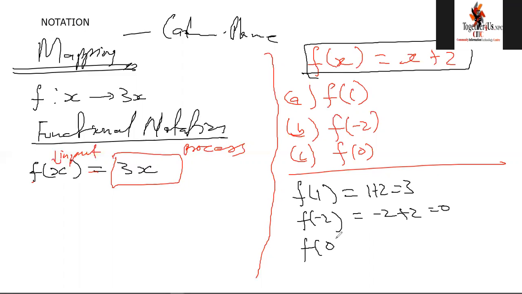And for f of 0, I'm going to have 0 plus 2, and that's a 2. And that's how easy it is to deal with this. Then you can also represent this on the Cartesian plane. In this case, f of x represents y, so it's the y-axis, and then obviously x will be on your x-axis.